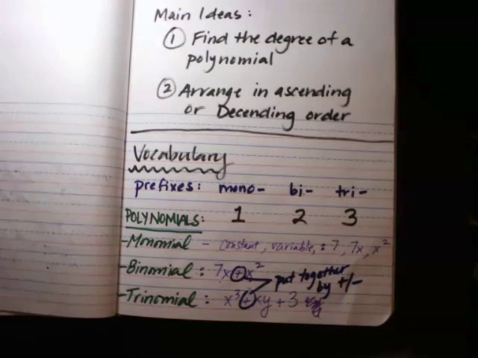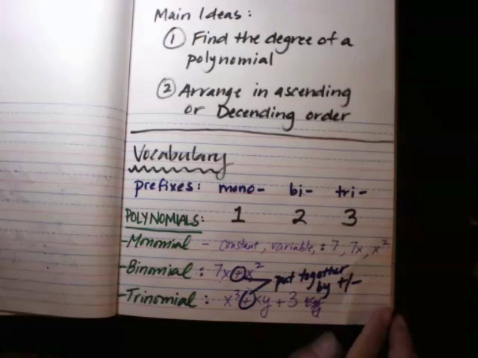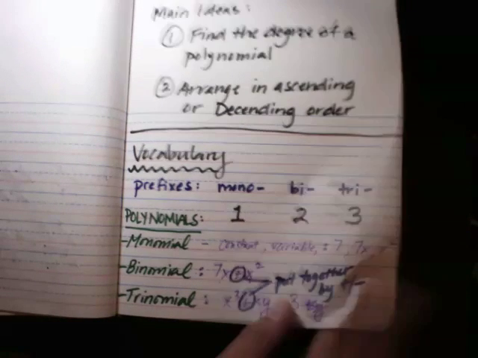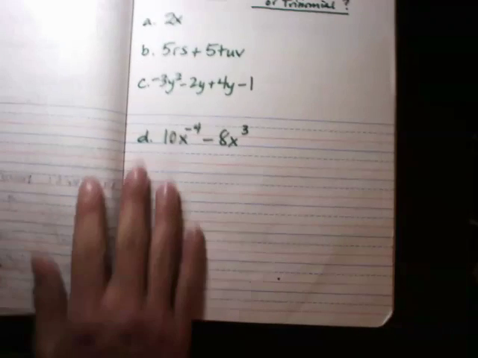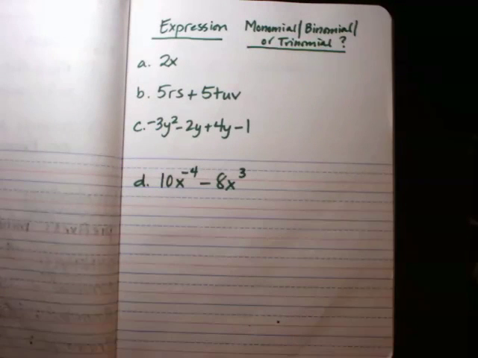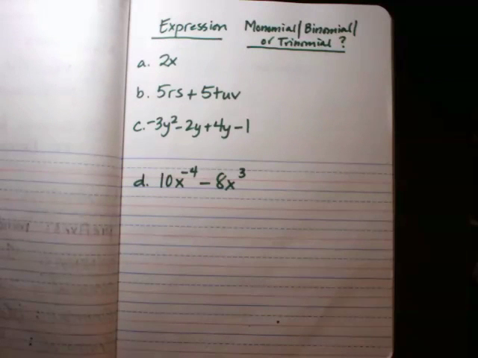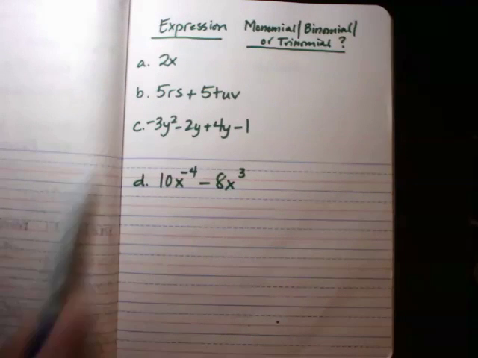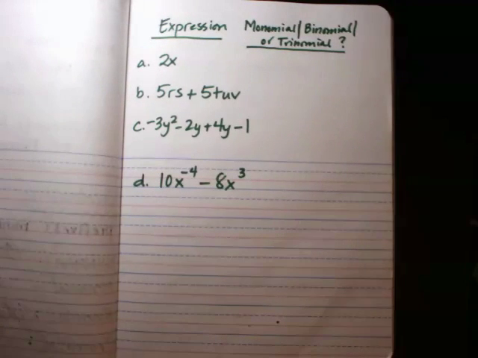You're adding the opposite if you're subtracting. Okay, so let's talk about which is which. Here is a table. I'd like for you to write this down and to fill in whether this expression A, B, or C is a monomial, a binomial, or a trinomial.